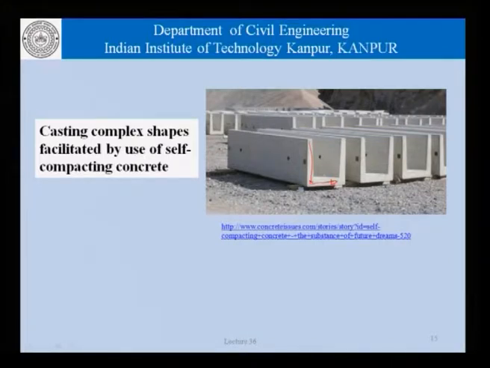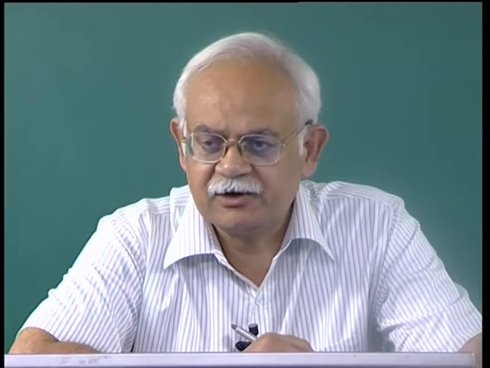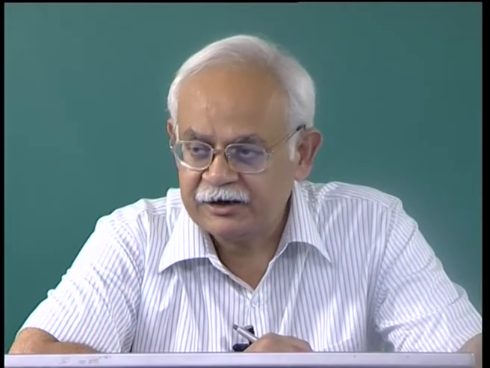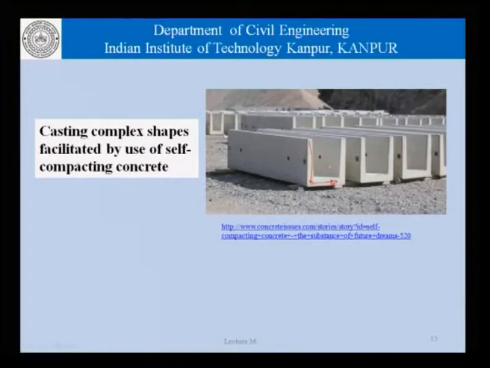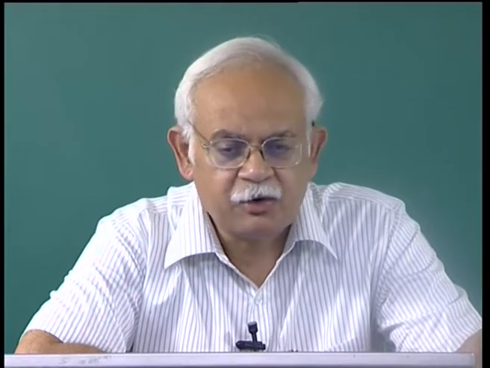That simply does not happen. Moving the concrete with a vibrator or a needle is also not a very good idea. So, examples of this nature show us how self-compacting concrete helps us produce precast elements of more complicated shapes without necessarily having construction joints.